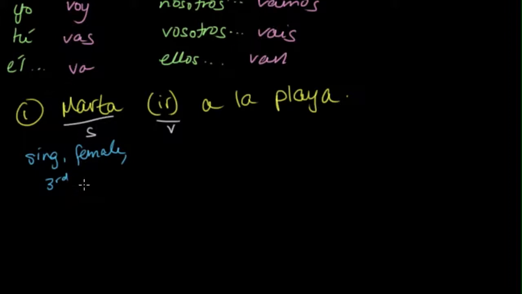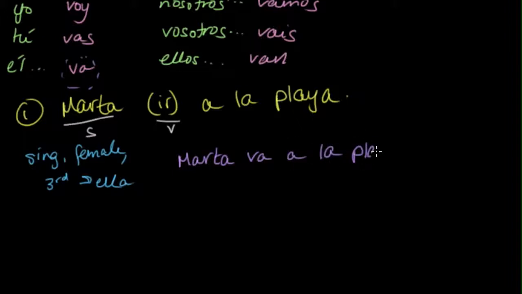That means we choose ella. This means that our conjugation for ir will be va. So our sentence will look like this. Marta va a la playa, which translates to Marta goes to the beach.